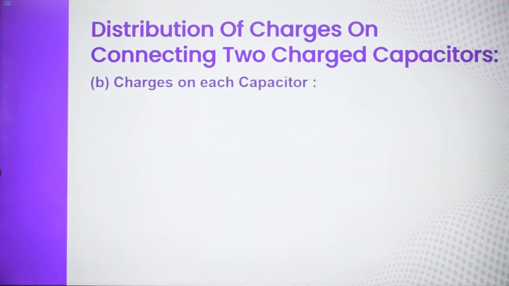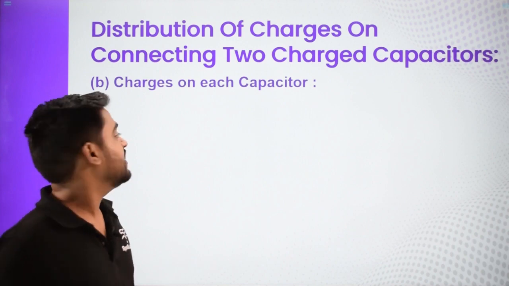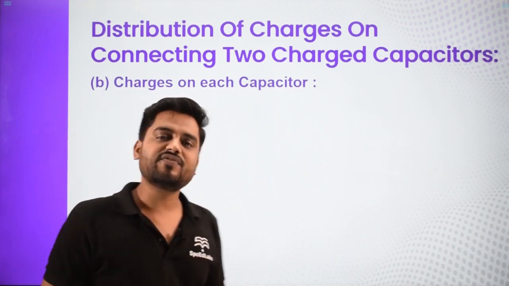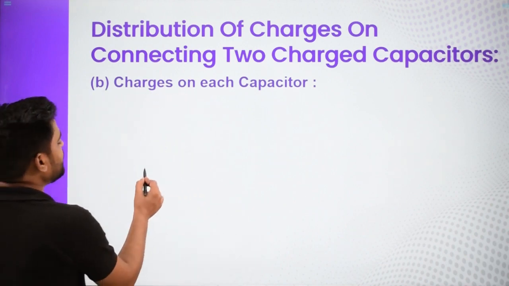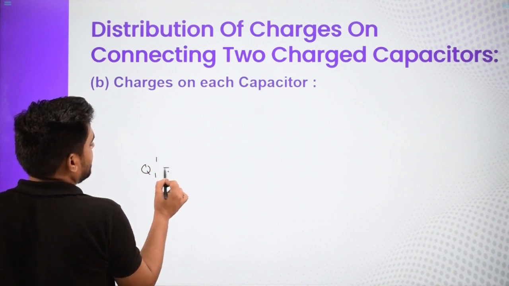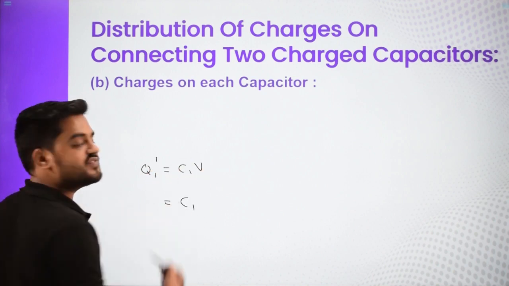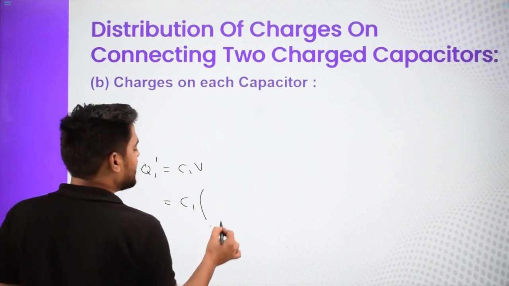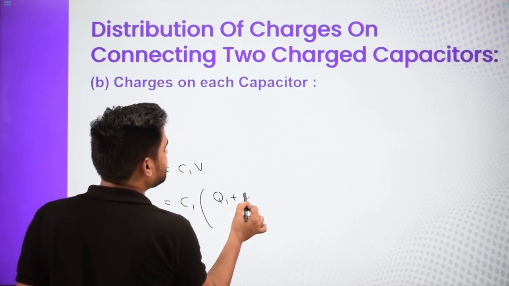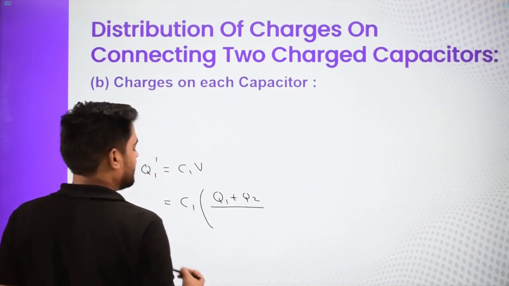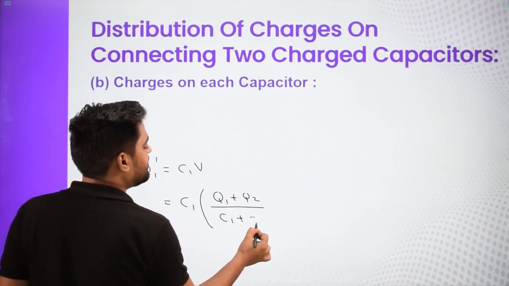Once we have the common potential, the charges on each capacitor can be easily found. What is Q1 dash? It was C1V. What is V? V is the common potential, that is total charge, Q1 plus Q2, upon total capacitance, C1 plus C2.